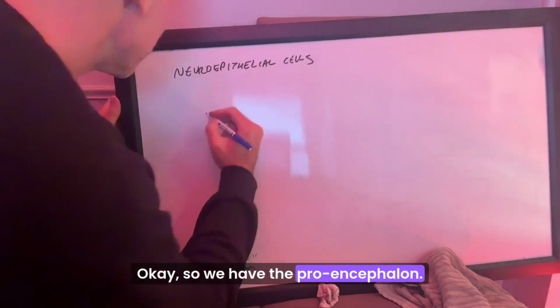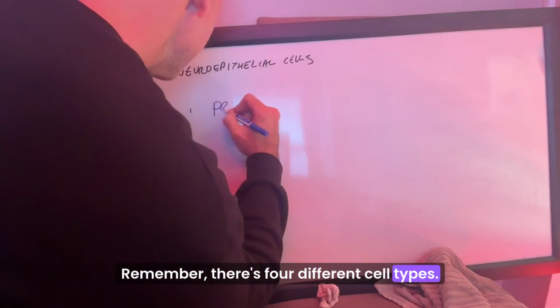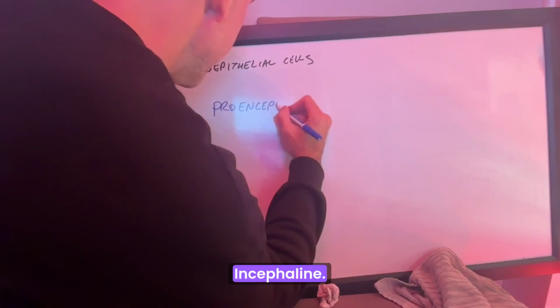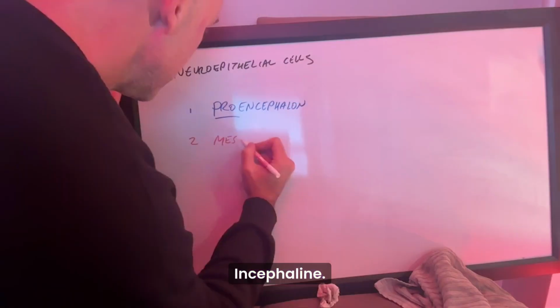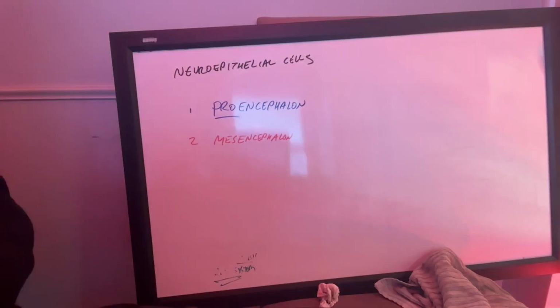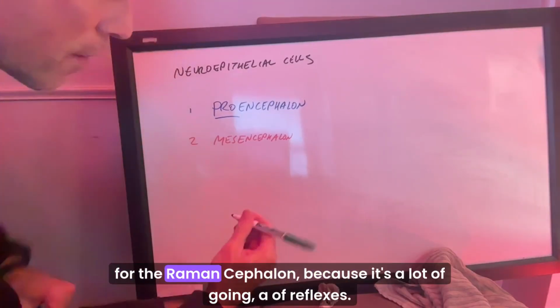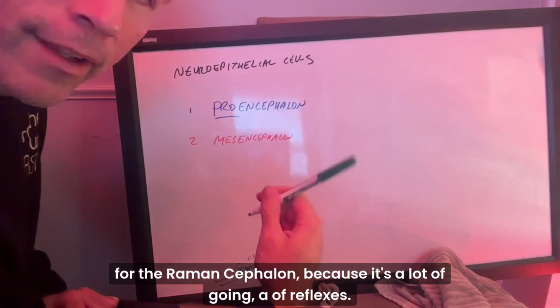Okay, so we have the proencephalon. Remember, there's four different cell types: proencephalon, mesencephalon, and then we'll go green for the rhomencephalon because it's a lot of reflexes.